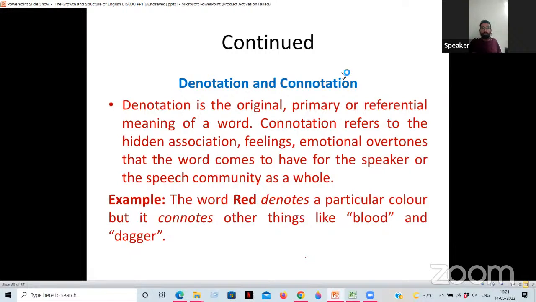It can also mean murder and death and bloodshed. So that is what is called connotation. Connotation talks about some deeper meaning that hides inside that particular word. If you think on that, or meditate on that, you will get to know about that.